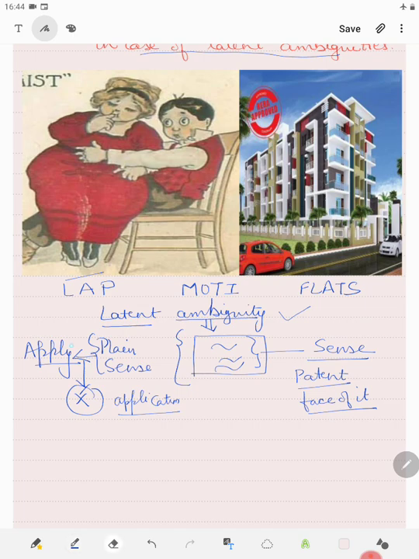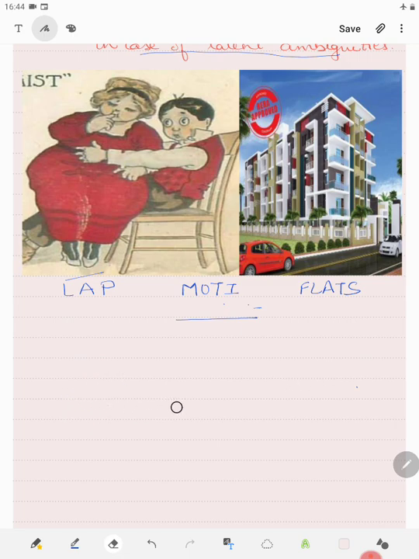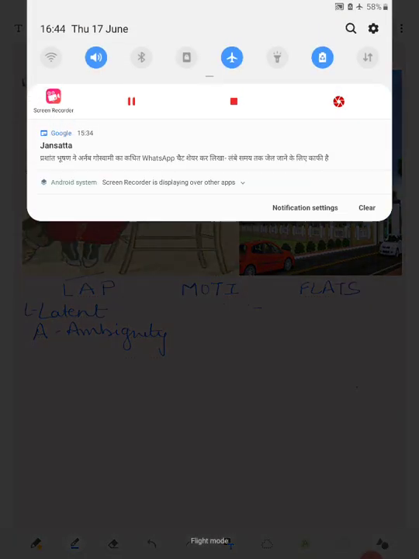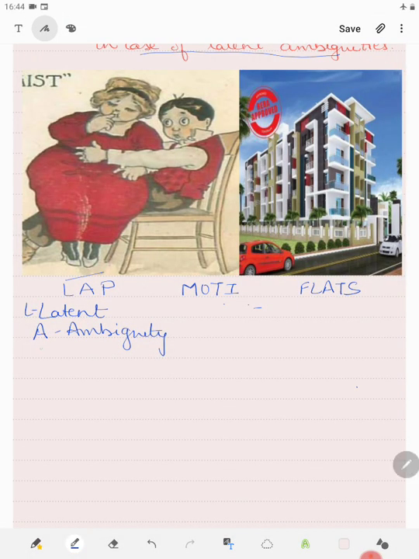Now, remember the word lap, as I told you. So, what does lap mean? Here, L stands for latent, A stands for ambiguity, and P stands for permitted.